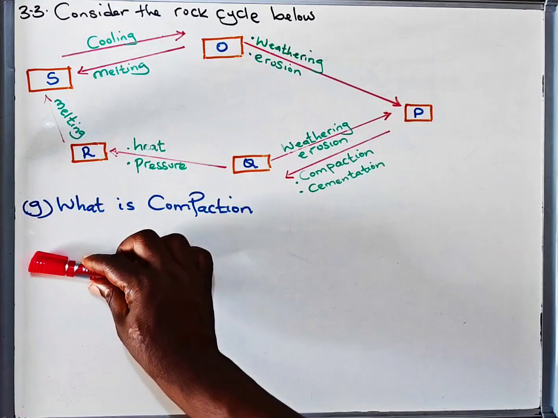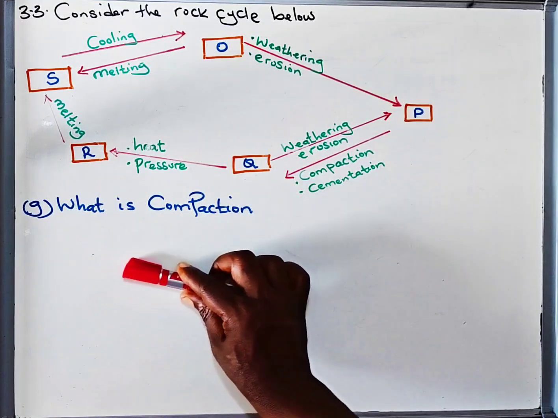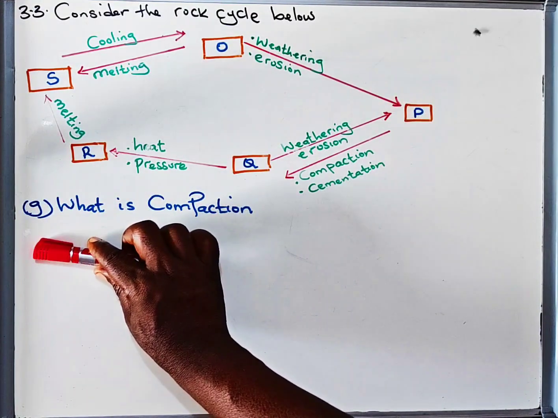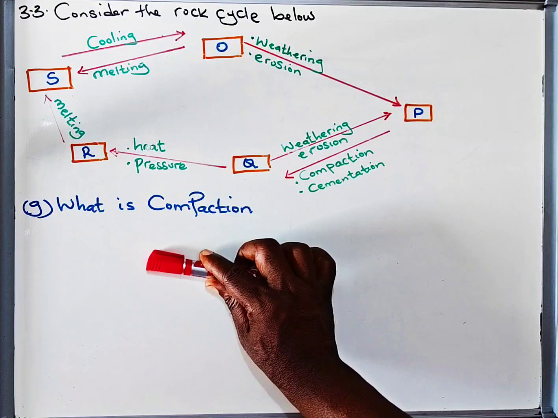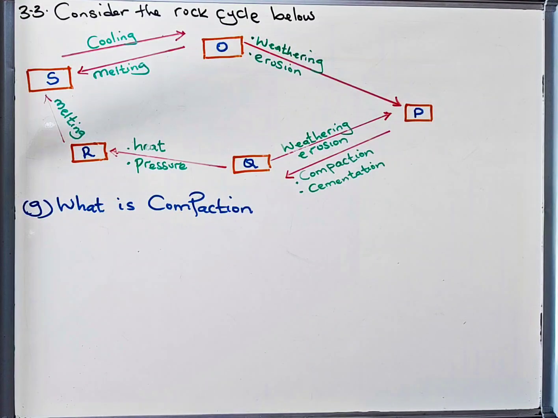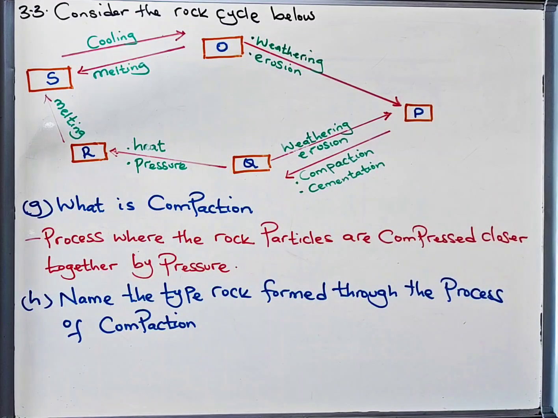Then we come to this question. It says, what is compaction? It is a process where the rock particles are compressed closer together by pressure. Then we come to this question.